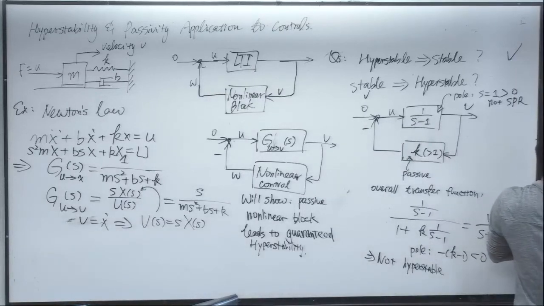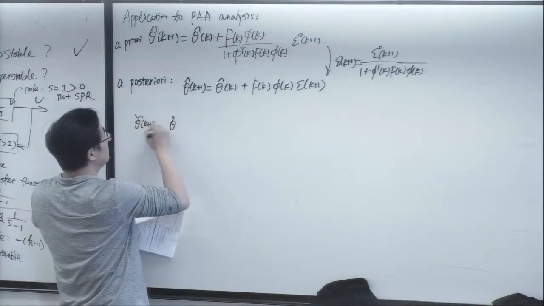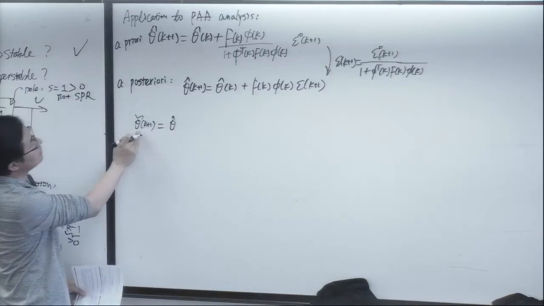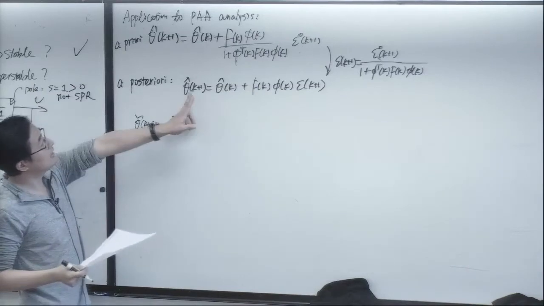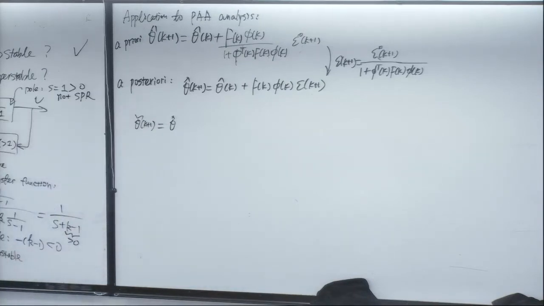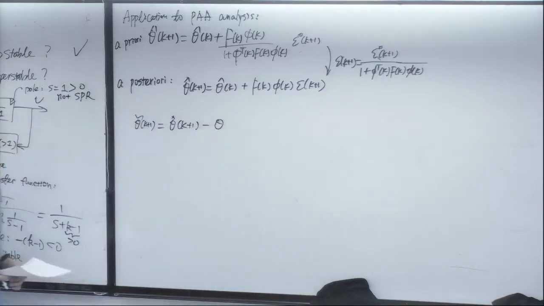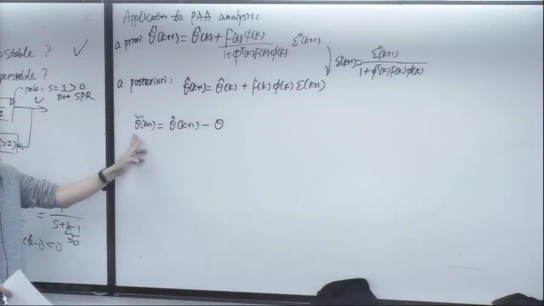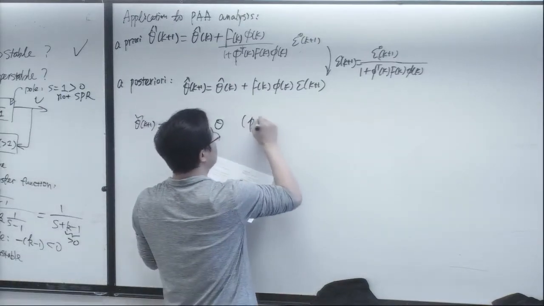The way is some normalization. We're going to define the parameter estimation error, the difference between the true parameter and the estimated parameter, as theta tilde. We define it by saying that theta hat minus theta is theta tilde. Okay? So this is the parameter estimation error.